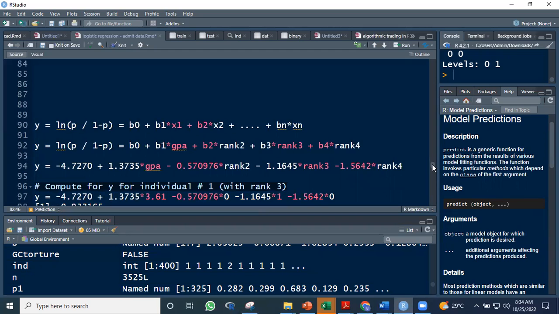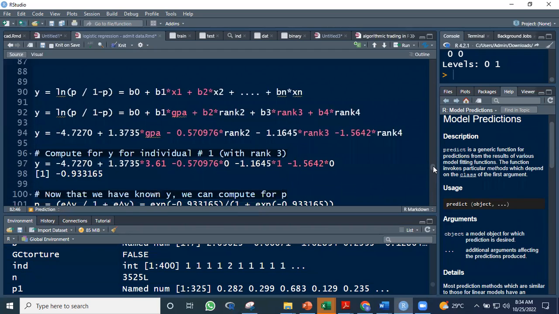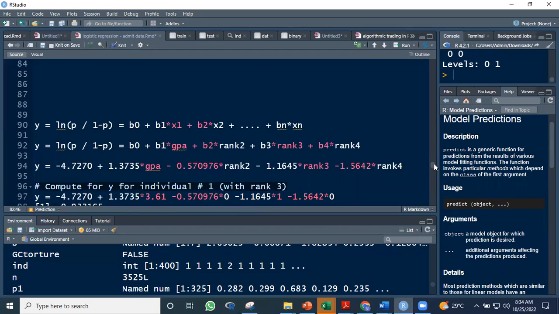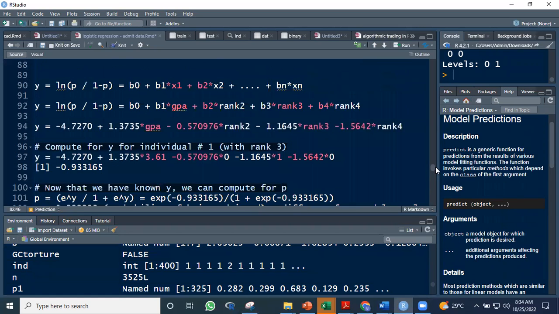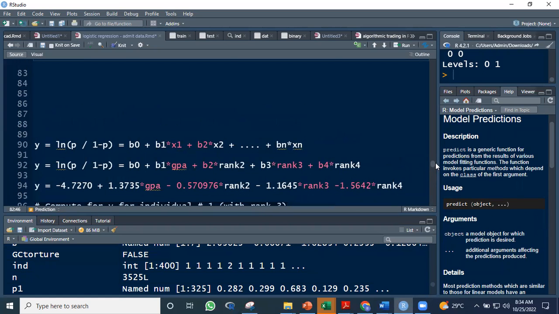We need a little mathematical manipulation here. If we substitute the values, this is our equation.